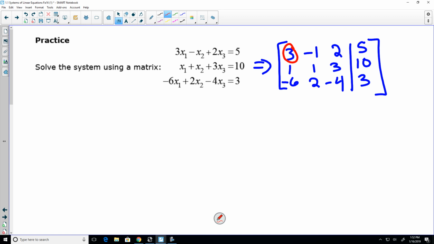So why don't we just switch the first 2 rows? Okay, so this is the notation that I use. So I'm going to say switch row 1 and row 2, just like that.